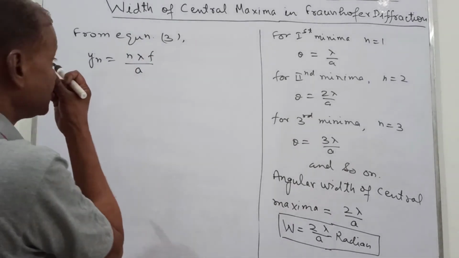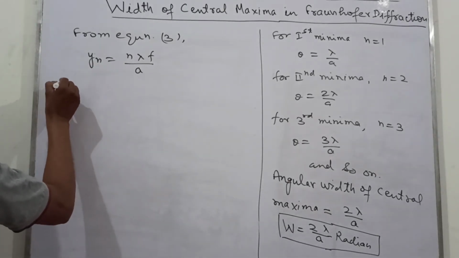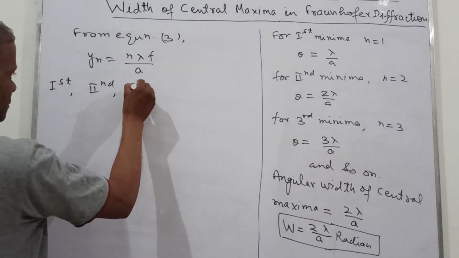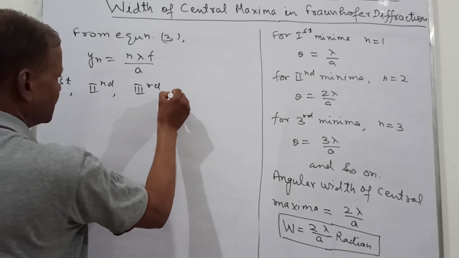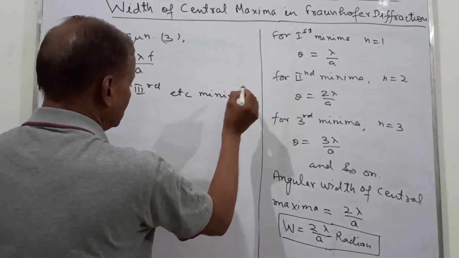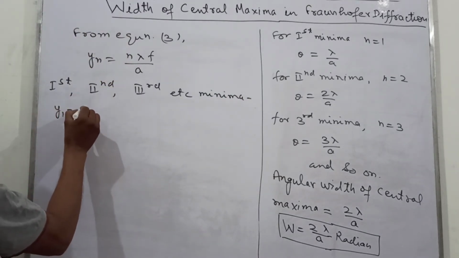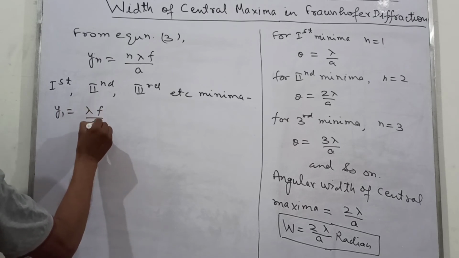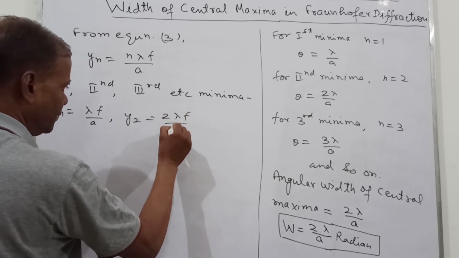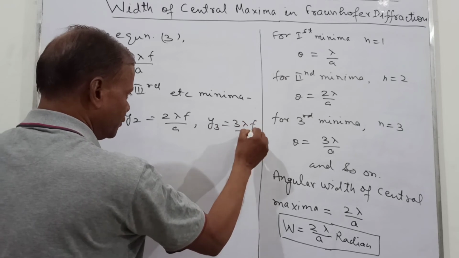This will be taken for the first, second, third, etc. minimum. So y_1 equals lambda f upon a, y_2 equals 2 lambda f upon a, and y_3 equals 3 lambda f upon a.